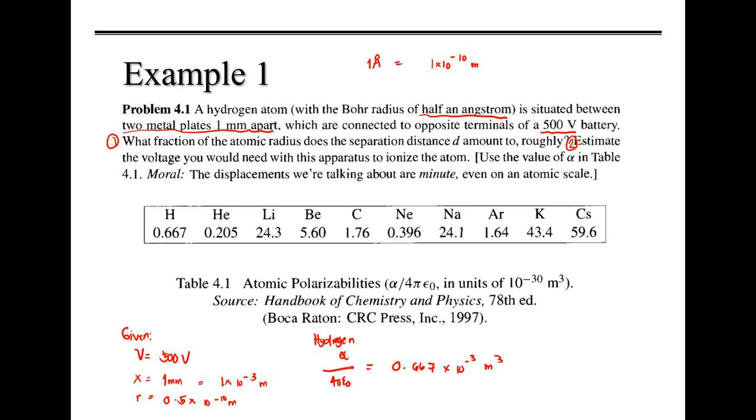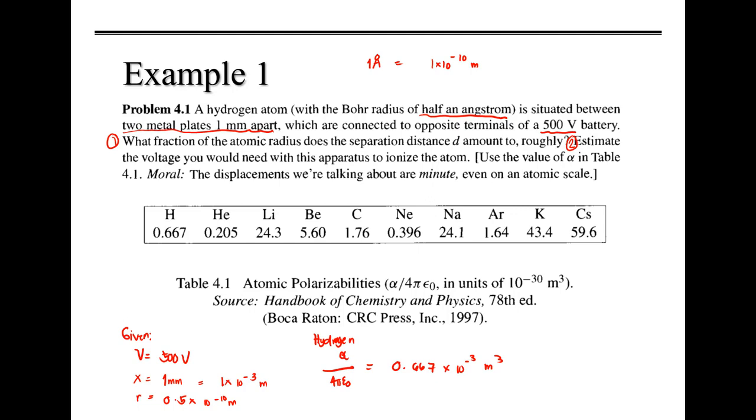So, first we need to find the electric field. What is the applied field, or the external field, that is applied to the hydrogen atom? Our electric field is coming from the apparatus.